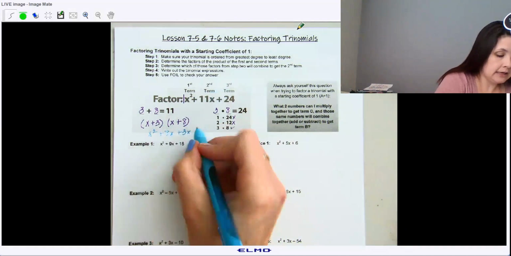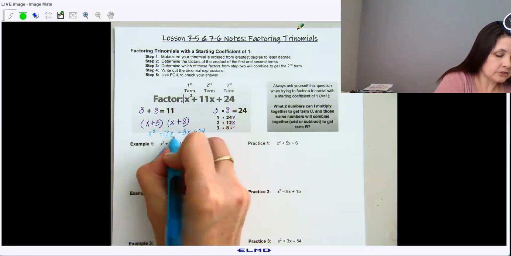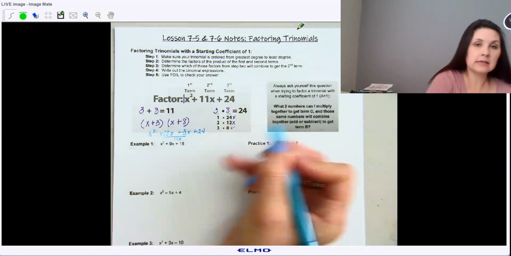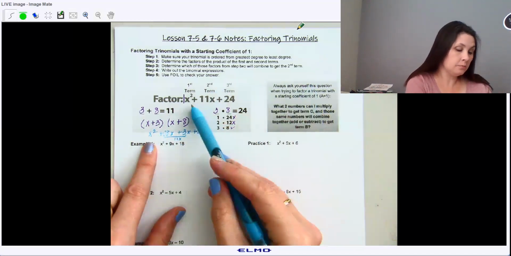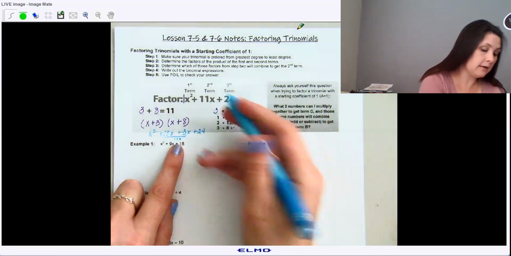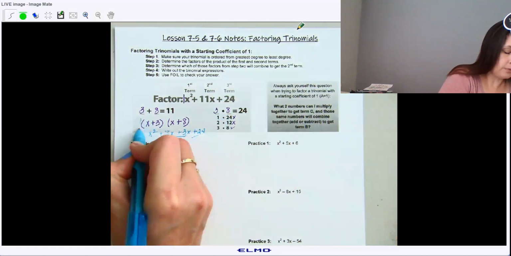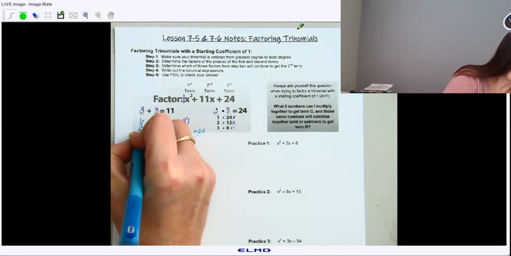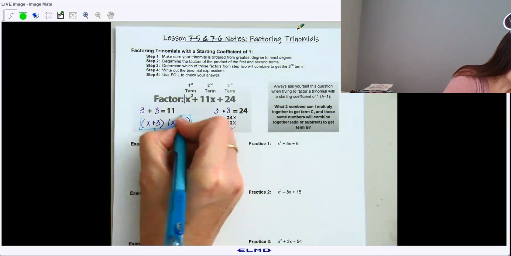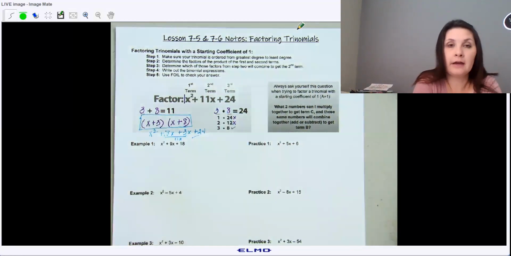And 3 times 8 is 24. Then when you add these two together, you get 11x. And so you have x squared plus 11x plus 24. Once you check that and it works out, you have factored this correctly. And this would be the 2 binomials that you would multiply together to get that trinomial.